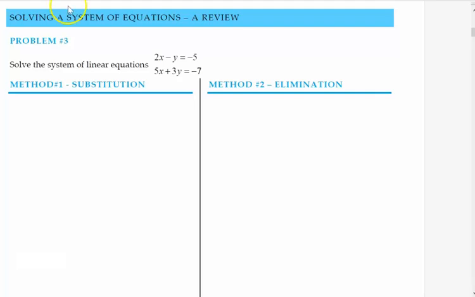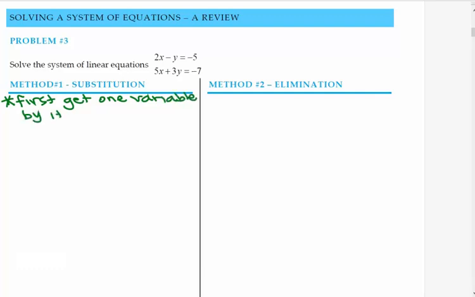Okay, so the substitution method, I'm going to just write on here just to make sure everybody remembers what this is. So with substitution method, we want to get one variable by itself first.